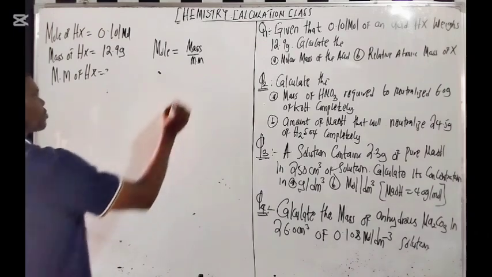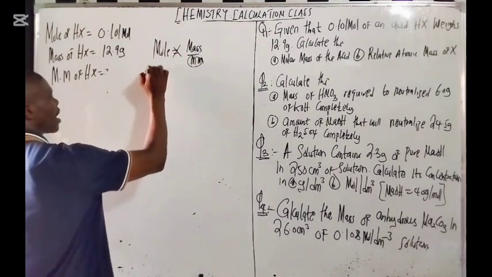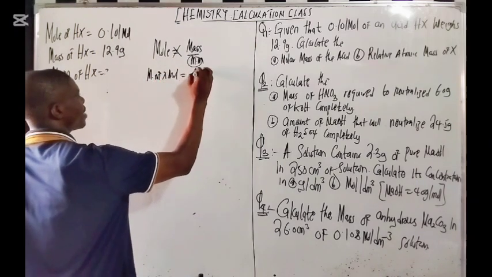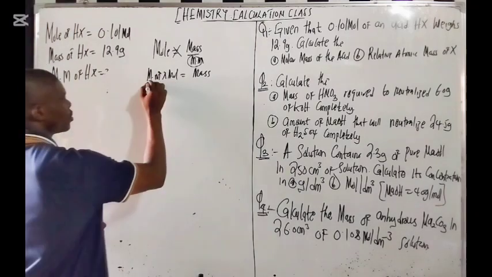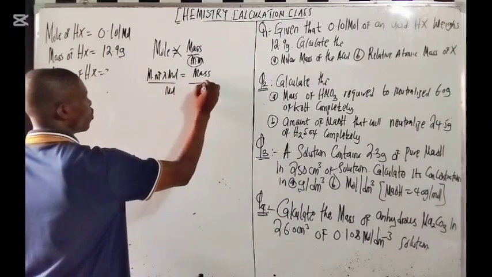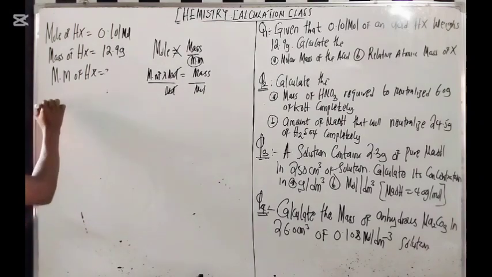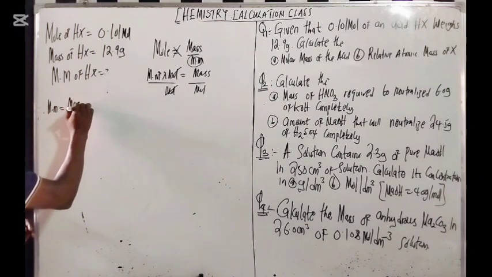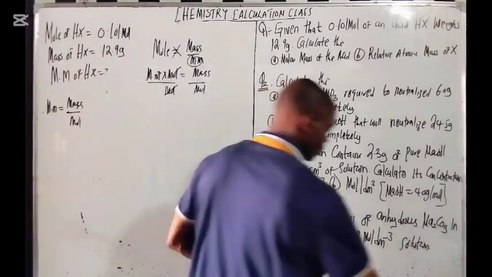To make molar mass the subject, it must multiply: molar mass times mole equals mass. Divide both sides by mole. Mole cancels out mole, so molar mass equals mass over mole.